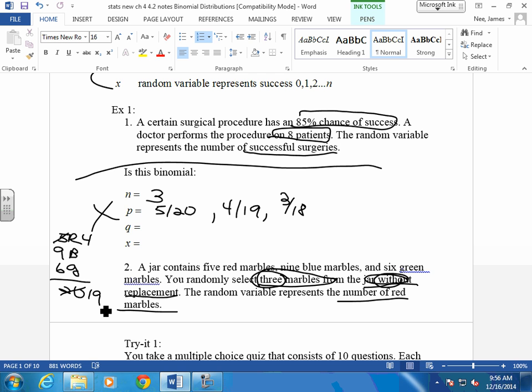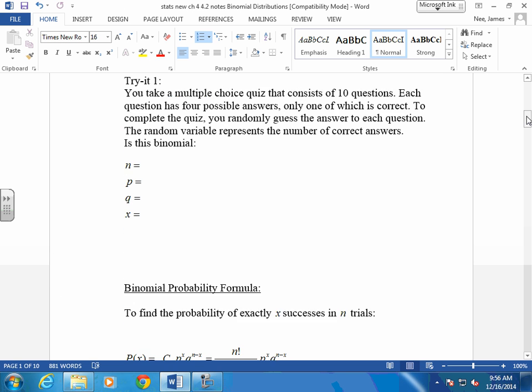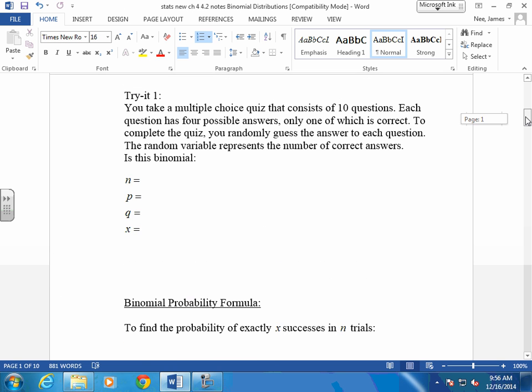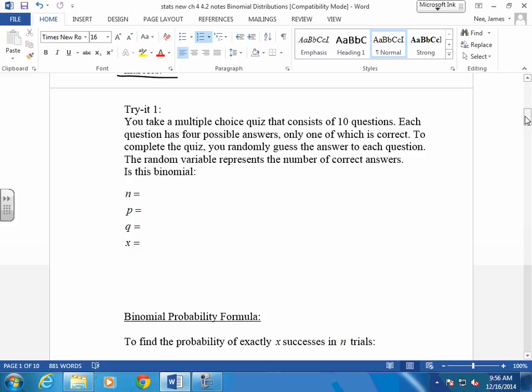Alright, so now, you guys try this next one. Take a minute and write down your answers and let's discuss them. This one is in your book on page 202.